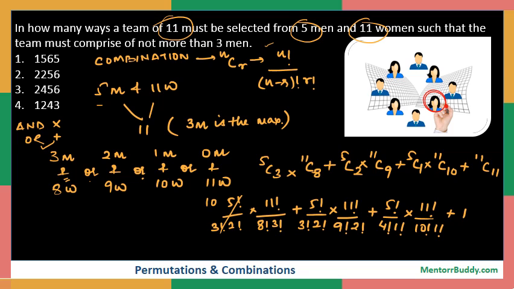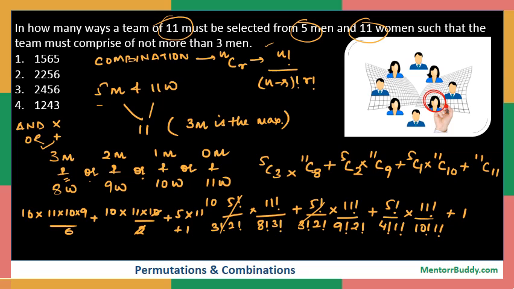This is 11 multiplied by 10 multiplied by 9 divided by 6. Similarly, if I put the values, this is 10 multiplied by 11 multiplied by 10 multiplied by 9 divided by 6, plus this is also going to be 10. I'm just putting the values directly, multiplied by 11 multiplied by 10 divided by 2, plus 5 factorial by 4 factorial is nothing but 5 multiplied by 11, and plus 1.